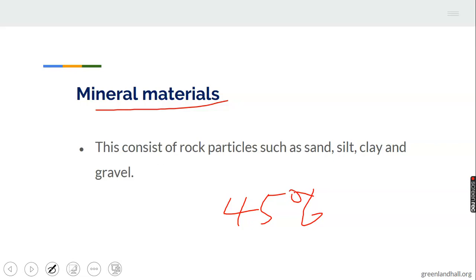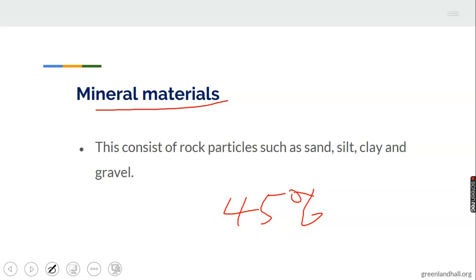It consists of rock fragments of the soil, which form about 45% of the total volume of soil. It comprises sand, silt, clay, gravel, and so on. This mineral matter forms the solid part of the soil, which provides support for plants.